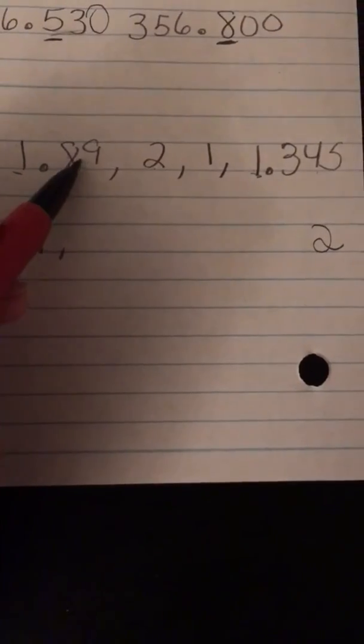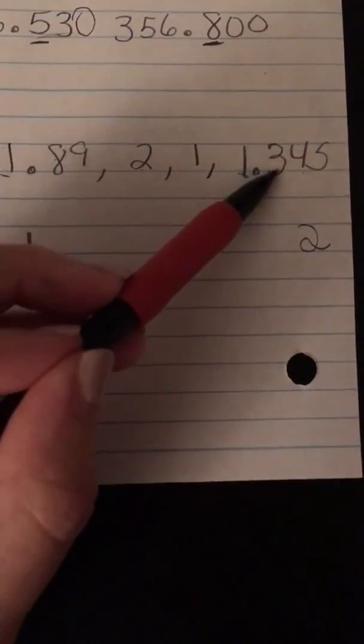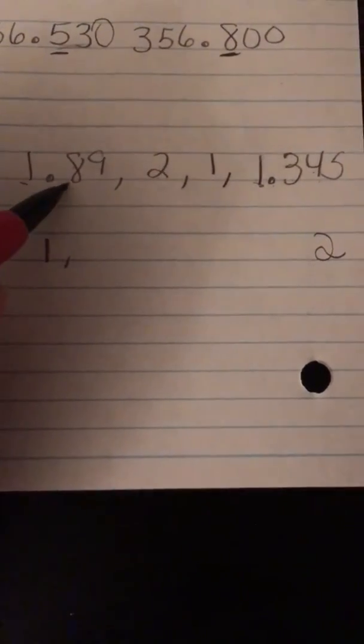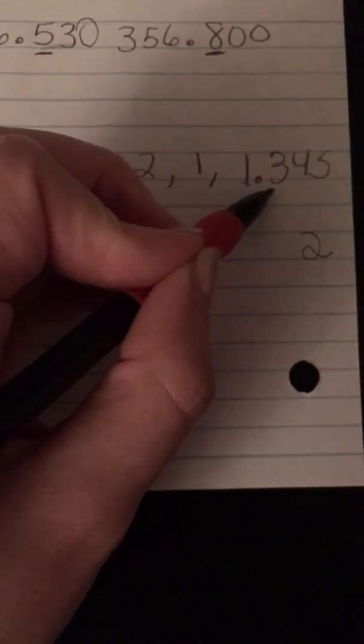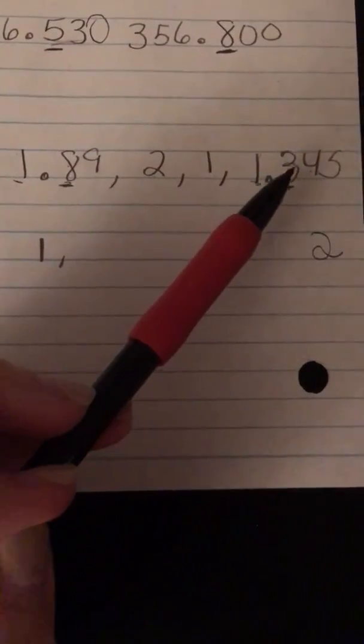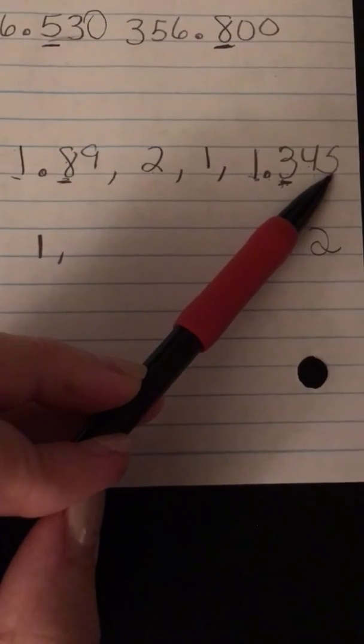Now I have to decide what comes next. What comes after our 1? 1.89 or 1.345? Okay, well, look at our tenths first. 3 is smaller. Remember, don't look at this as 345, and don't look at this as 89 either.